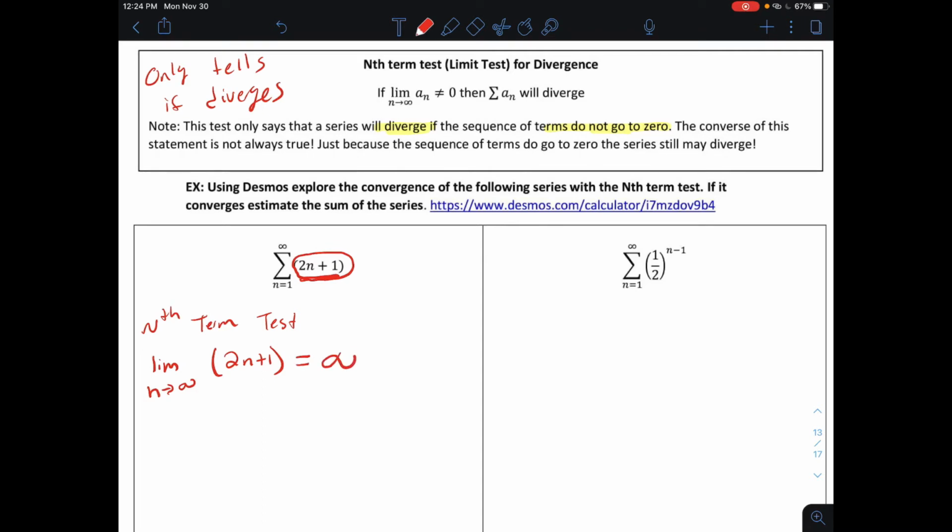So I'm going to say equals infinity here. And so what that means is we failed the limit test. So since our limit did not equal 0, so the limit as n approaches infinity for 2n plus 1 did not equal 0, we said it equaled infinity. That means our series diverges.